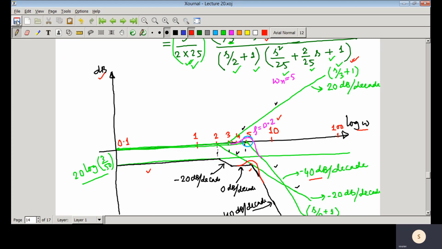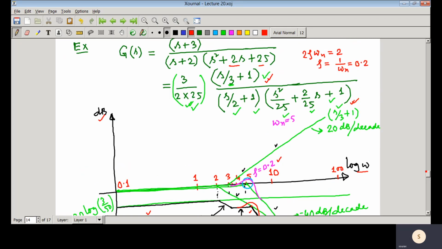So that phase plot, I would suggest all of you to do it on your own, because the only thing is, for this particular second order term, you can see its corner frequency would be 5, and if you take one decade below, that is 0.5, and one decade above, that is 50, so 0.5 to 50 with the negative slope, it has minus 90 degrees per decade, and the other factors we have already discussed, so those things can be done easily.